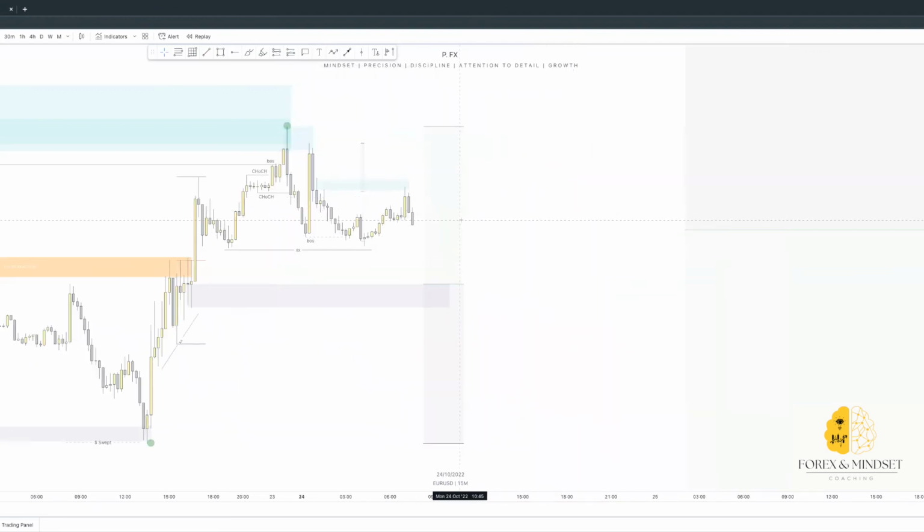So here, see, now we've got a change of character to the downside. That's the reason why we are looking at the price from the perspective of efficiency, because if something's inefficient, it is not a strong area in the market. The thing is, price could still react from it, and price could still take more orders here and just go up. Only because I say that it's inefficient and not in line with my rules doesn't mean that price is not going to do it.